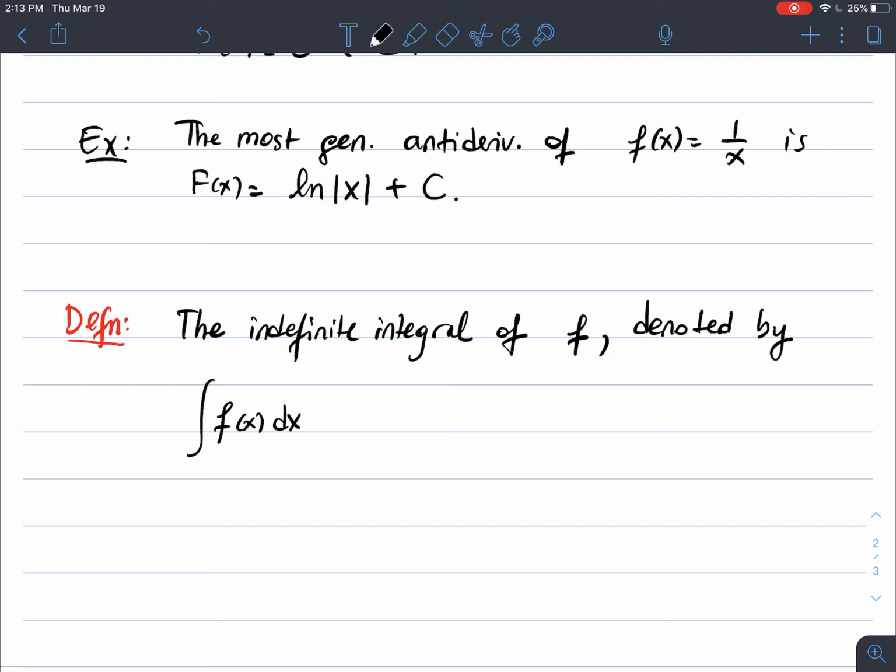So this is the notation for the indefinite integral of f. So this is the most general antiderivative of f. Okay, so let me highlight the important things here. This is important, and this here is also important. This is new notation now.